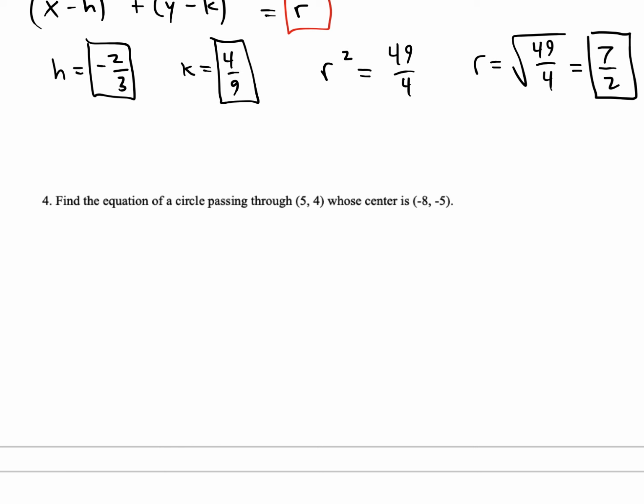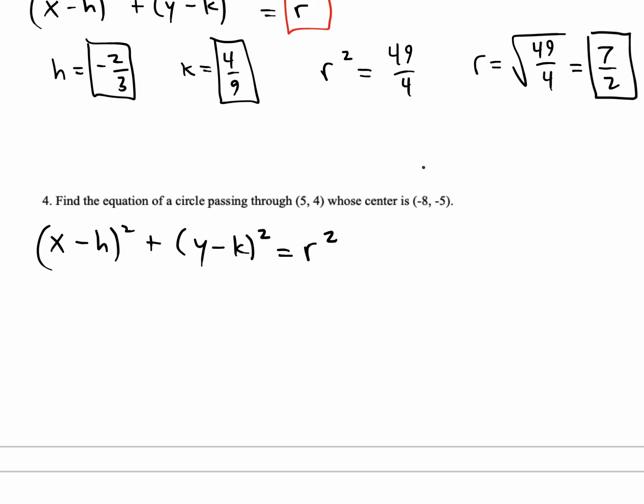Here we'd like to find the equation of a circle that passes through (5, 4), and whose center is at (-8, -5). So this one's a little bit more in depth. We have to do a couple steps to get this equation. The equation says (x minus h) squared plus (y minus k) squared equals r squared.